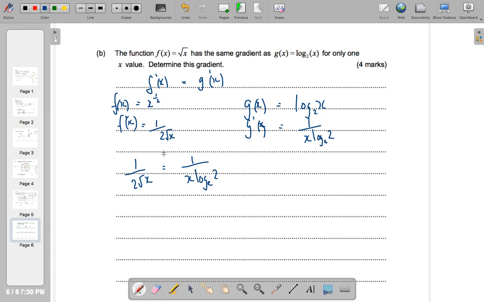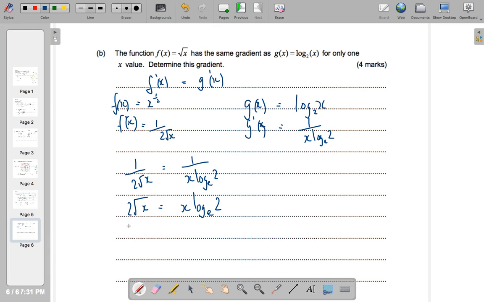Right, now, because they're both 1 over something, we just have to equate the denominators. That means that 2 root x will equal x log 2 to the base e. All right, so what we can do now is divide both sides by root x and divide both sides by log 2 to the base e simultaneously.